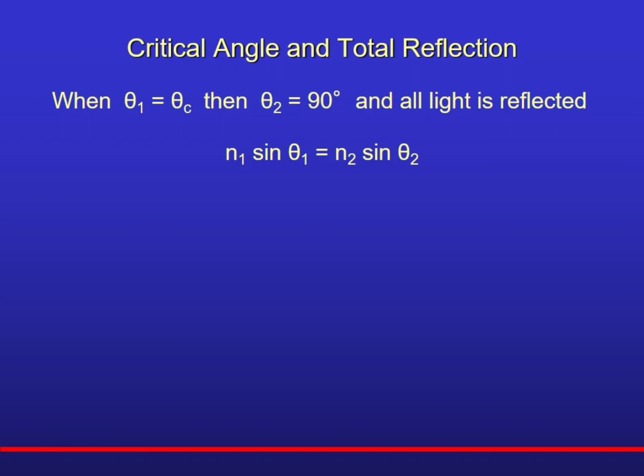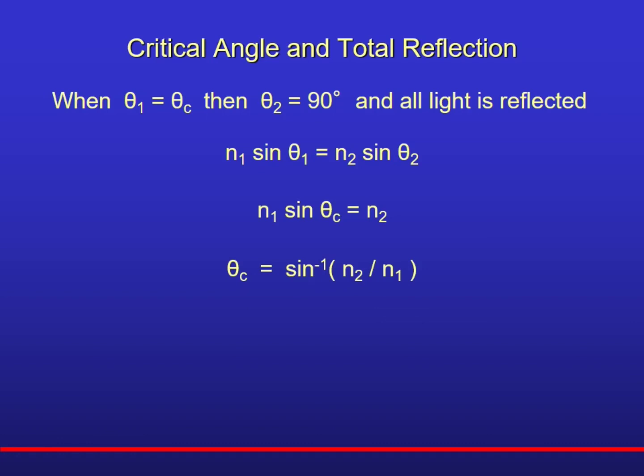Snell's law: N1 sine theta 1 equals N2 sine theta 2. If theta 2 is 90 degrees, then sine theta 2 equals 1. Therefore, at this point, theta 1 is the critical angle, theta 2 is 90, sine of 90 is 1, so N1 sine theta c equals N2.